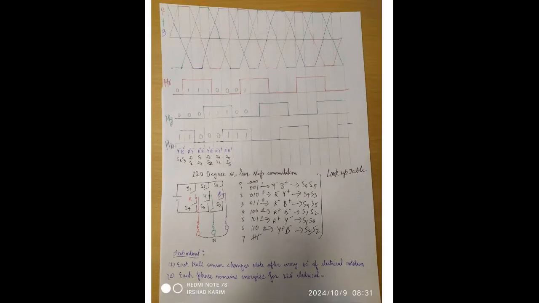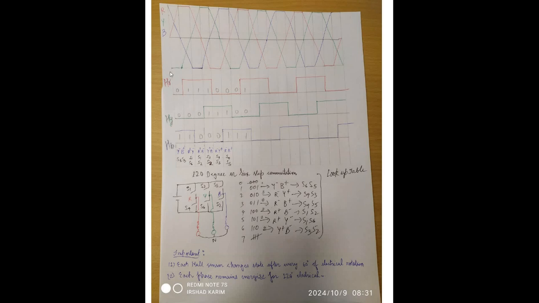Here we must remember that each Hall sensor conducts for 180 degree, and for every 60 degree commutation, any one Hall sensor changes its state. And the second point we must remember is each phase of our stator winding conducts, or is energized, for 120 degree electrical.